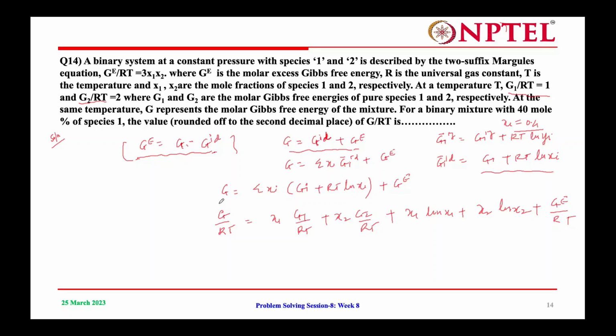We have to calculate this term. x1 is given 0.4, so x2 is 0.6. Understood or not? I have to put the value in G by RT.